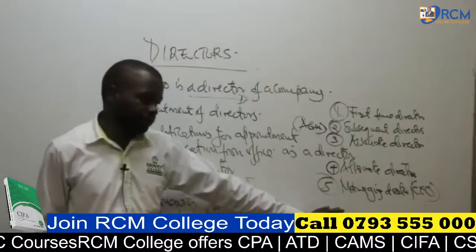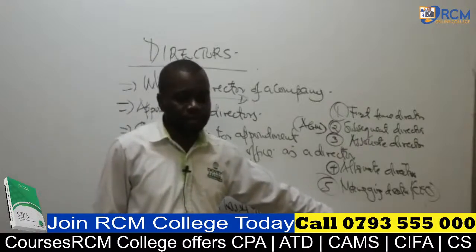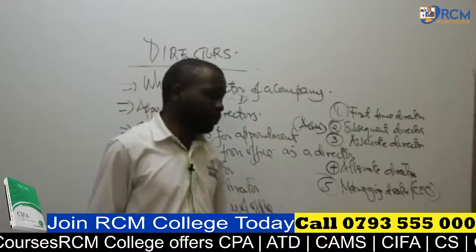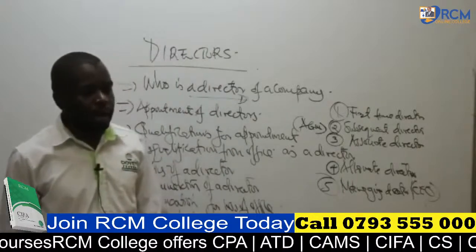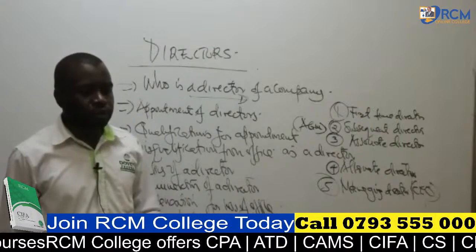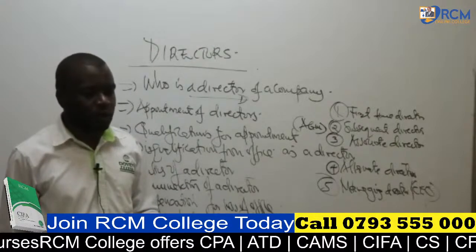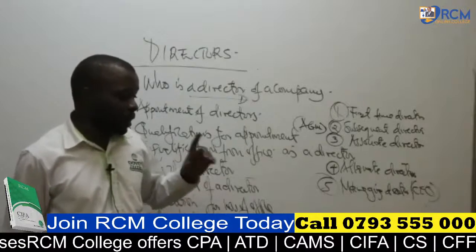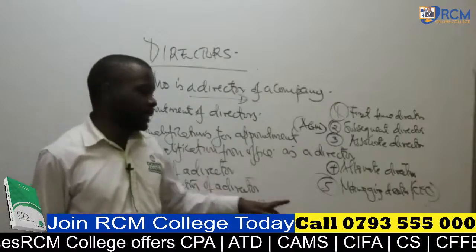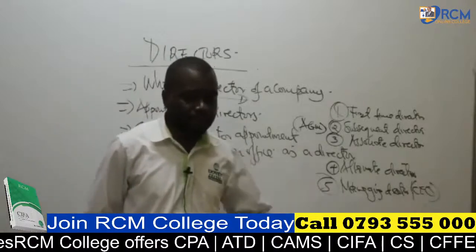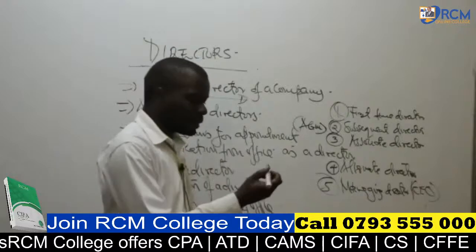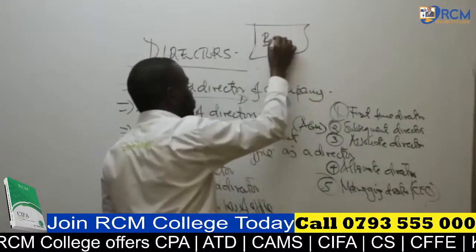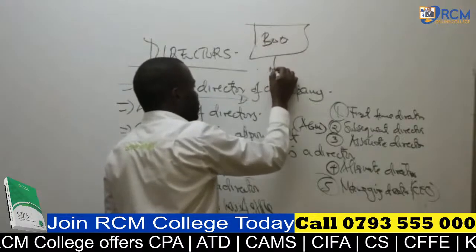Managing director or chief executive officer. This one mostly will be appointed by the board of directors. They'll choose someone who has expertise or knowledge on how to manage the affairs of the company. This one is mostly engaged in the full-time management of the company. That's why in most company structures, you'll see at the top the board of directors, then there's a link here, an MD.